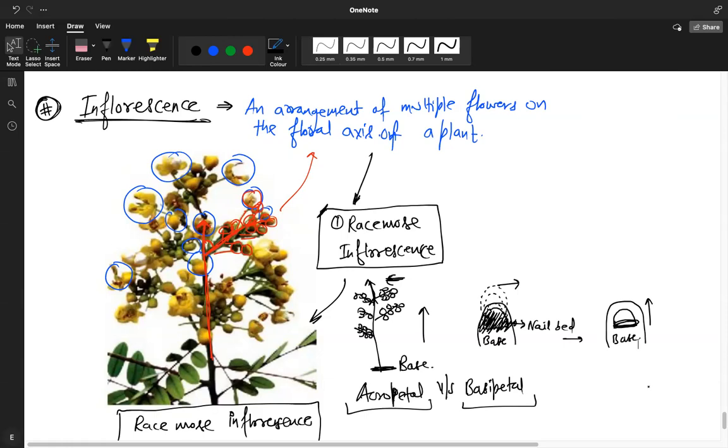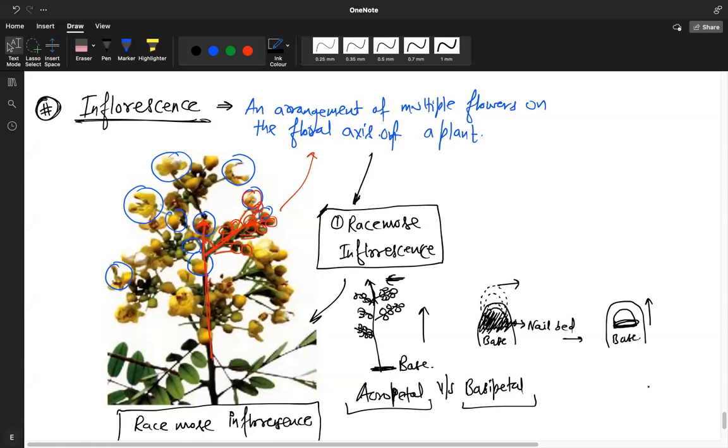So these kinds of growths are called basipetal. They are happening towards the base. And in the racemose, the formation of these flowers is happening in the acropetal direction, towards the outer edge, towards the direction of the growth. Is that clear? What is basipetal and what is acropetal?